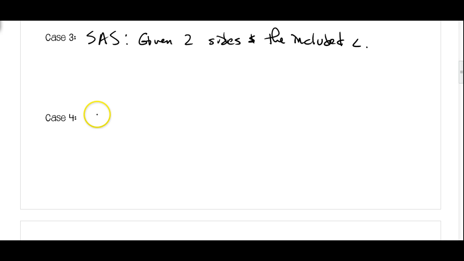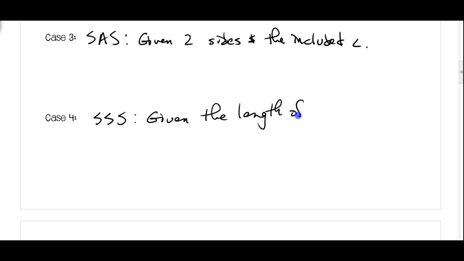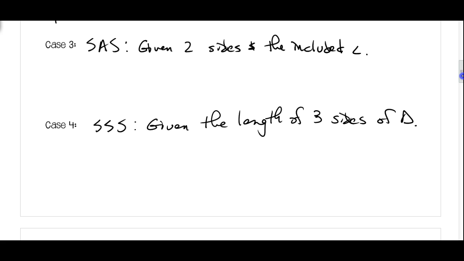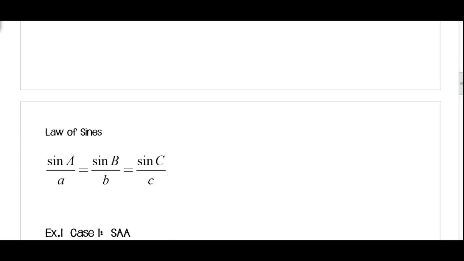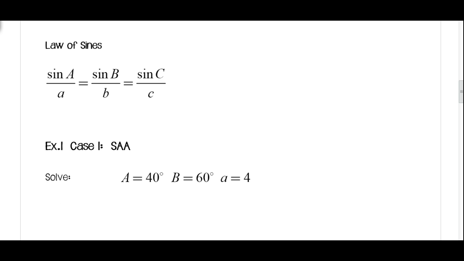And then the last case is the side, side, side case, given the lengths of 3 sides of a triangle, and then we'll go ahead and find the missing angles. So those are our 4 cases. Today really we're going to be focusing on case 1. So let's take a look at a couple of examples.